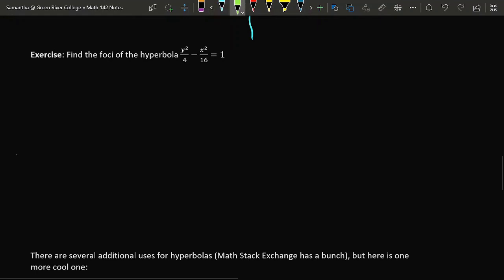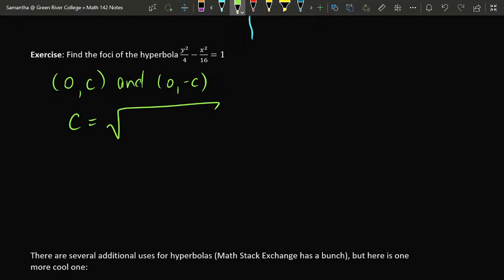So first of all, I'm going to notice that this hyperbola is vertically stacked. So the focus points are also going to be vertical, (0, c) and (0, negative c). Now, what is the actual value of c?